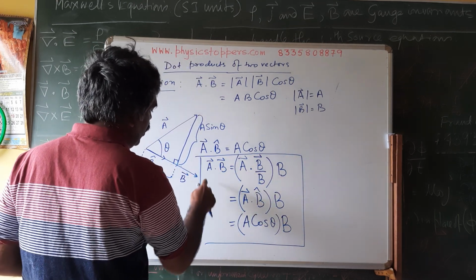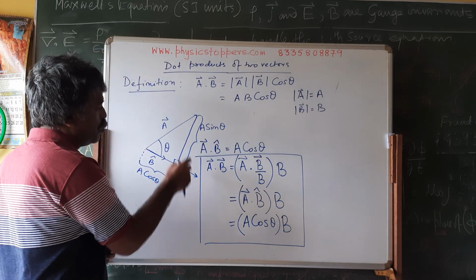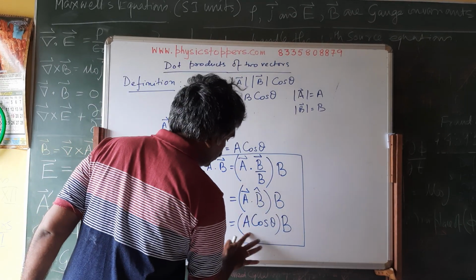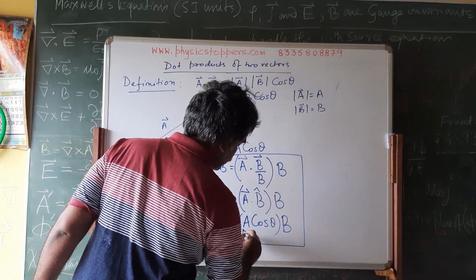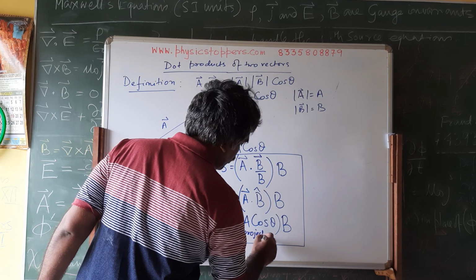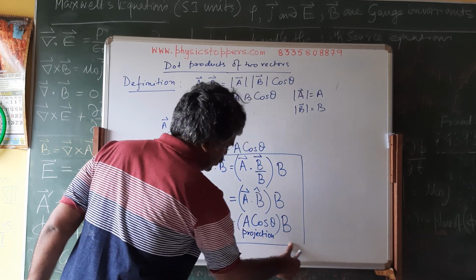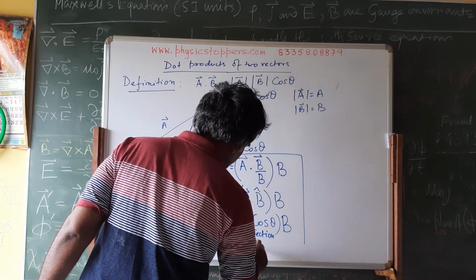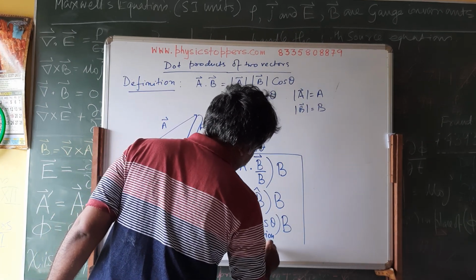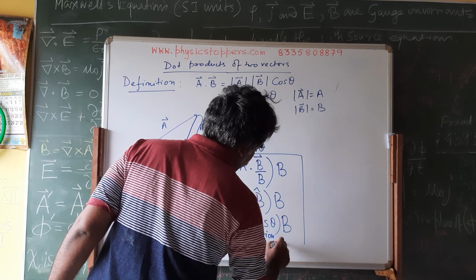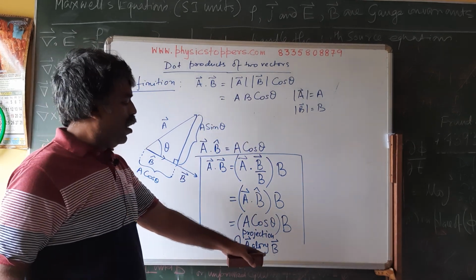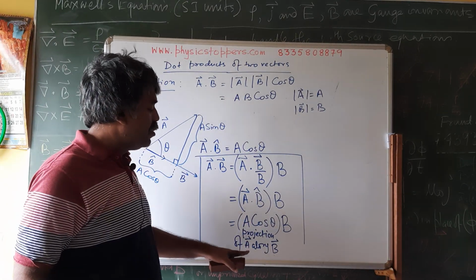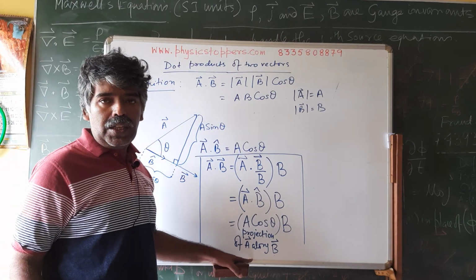A dot B can be thought of as the projection of A along B. Along B or B cap is the same thing, because as far as projection is concerned, we are only interested in the direction.